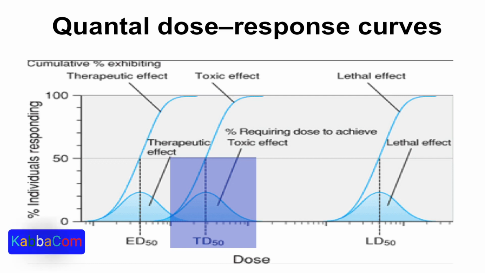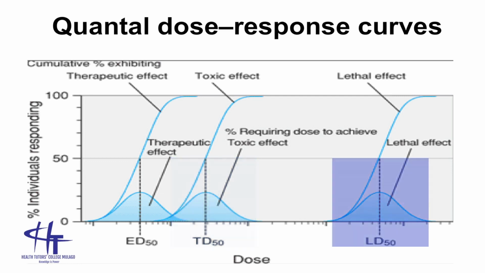If you increase the amount, you can see that it eventually becomes lethal. Lethal basically means that you give it and the person dies straight away. With toxic, they can have adverse effects from the high concentration of the drug.